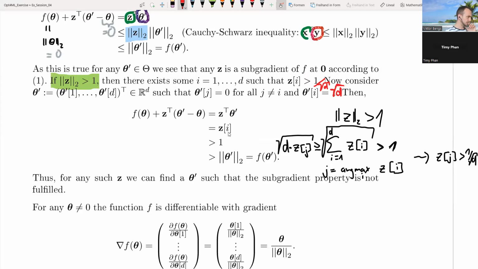This will give us z1. Z1, this should be 1 then. The greater. And this is not working. Okay, then let me rethink a second.